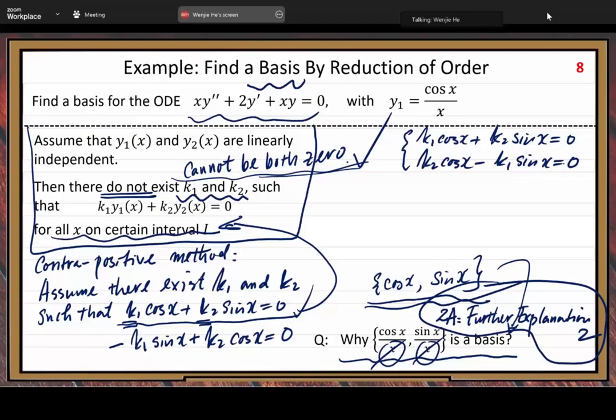From the first equation, k1 cosine of x equals negative k2 sine of x.